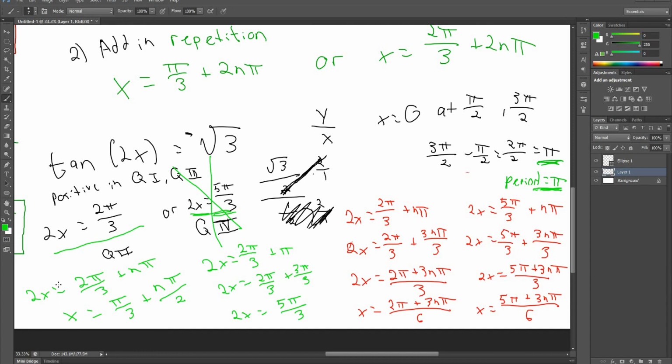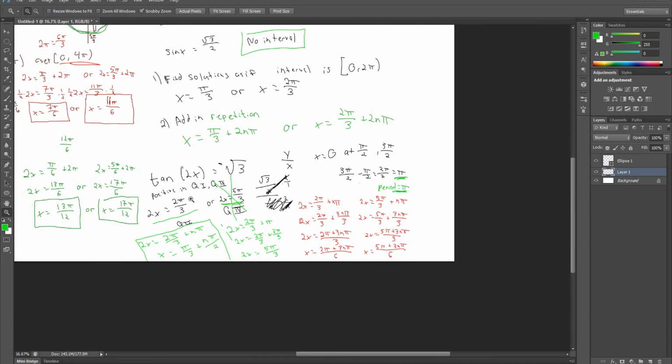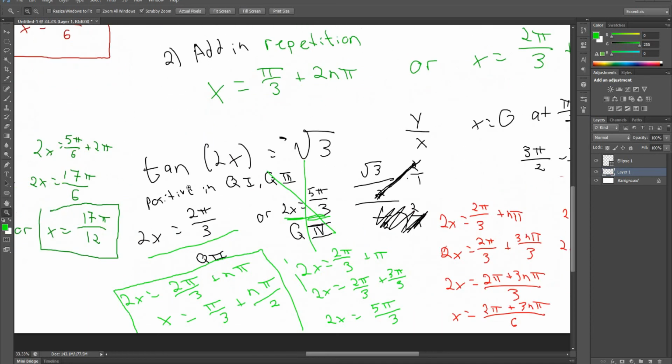So this solution, when we make this the repetitive or periodic solution, already covers 5 pi over 3. So if our period is pi, well, we've reduced our period for tangent, so we only actually care about 2 quadrants. So we only get, in this case, 1 solution. This is different from before.